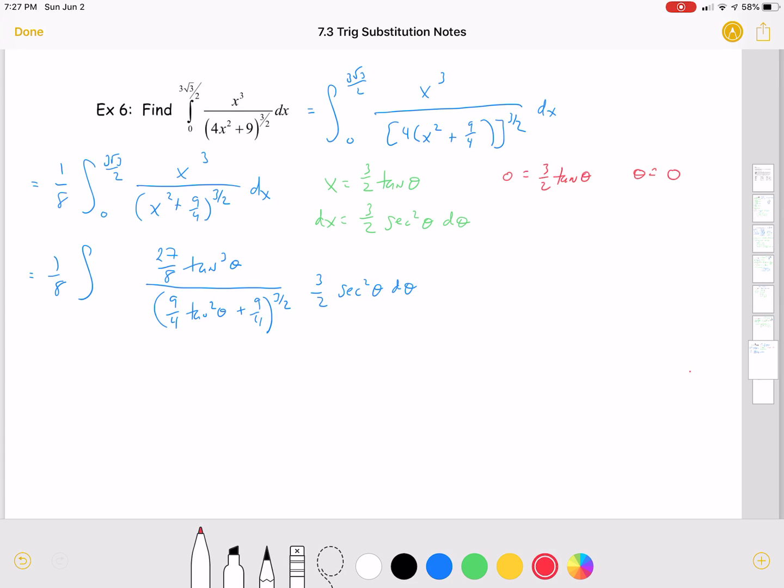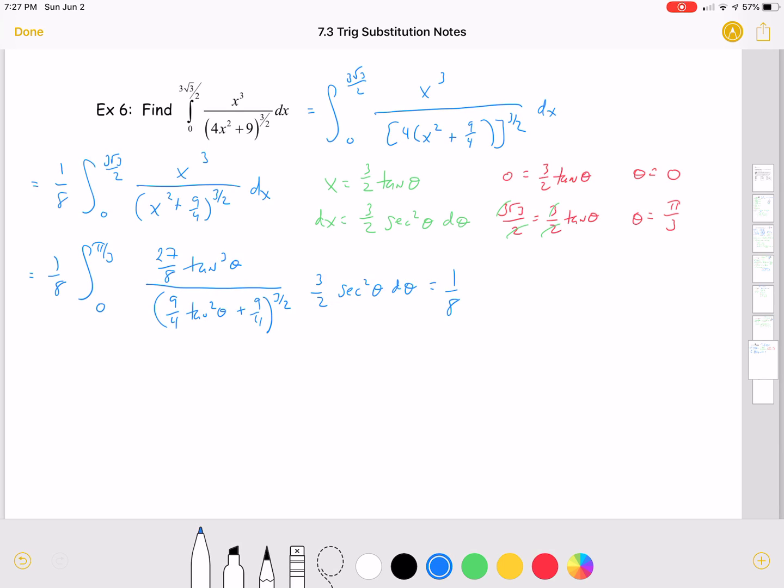If I plug in 3 root 3 over 2 equals 3/2 tangent theta, well, I could multiply both sides by 2, that'll go away. I could divide both sides by 3, that'll go away. Fortunately, now we have that tangent theta equals the square root of 3. That is something that we know from our unit circle. And theta then would be pi/3. So I now have my new bounds, 0 to pi/3, and those actually look easier to deal with. The integral itself currently doesn't, but we'll fix that soon.